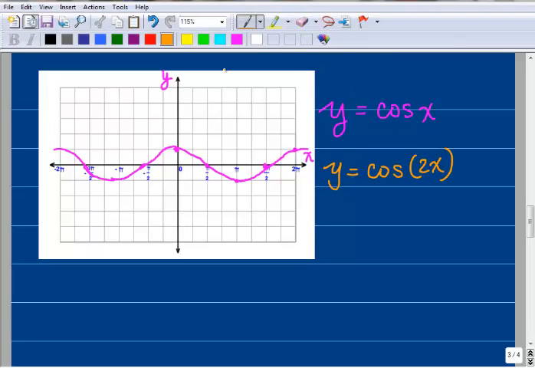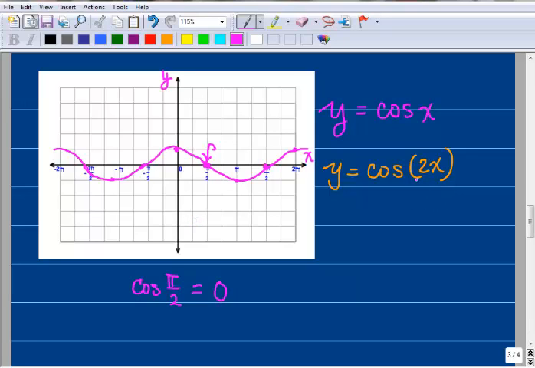Now recall from our original graph, the points of intersection with the x-axis on the positive x-axis. We know that the cosine of pi over 2 is 0. And we see that reflected in the fact that there is a 0 in the graph at pi over 2, meaning the graph crosses the x-axis there.